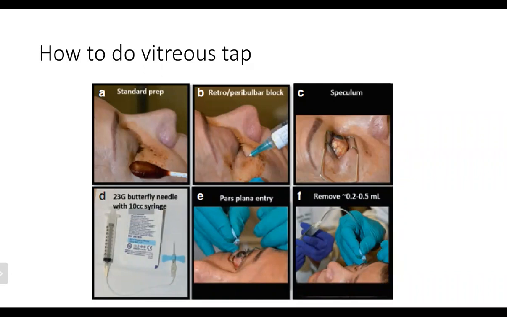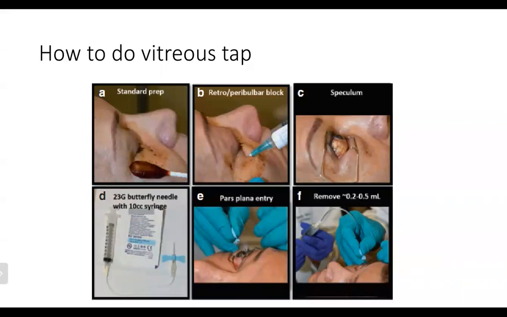You can either use an insulin syringe, or a 23 or 25 gauge needle mounted on a 2 mil or 5 mil syringe, or as in this picture, a butterfly type of needle on a 10 mil syringe. And for a pseudophakic eye, you use a caliper to measure. It's going to be done through the pars plana, so you use a caliper 3.5 millimeters behind the limbus.